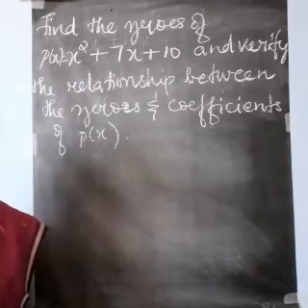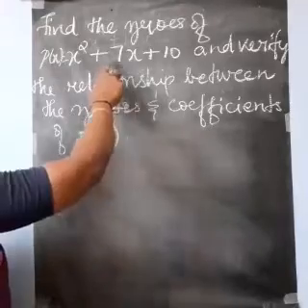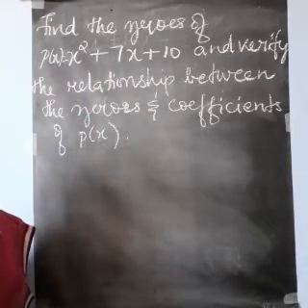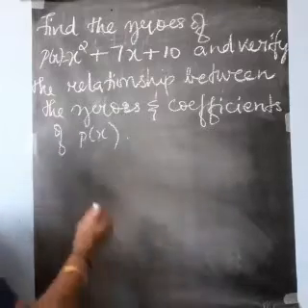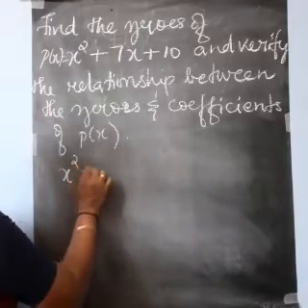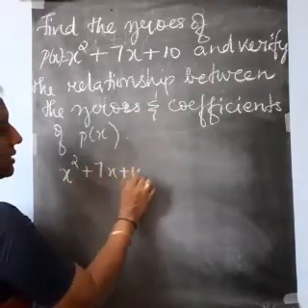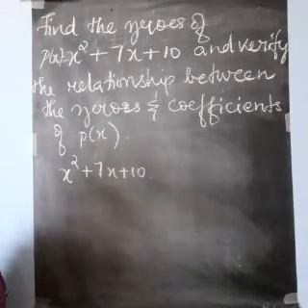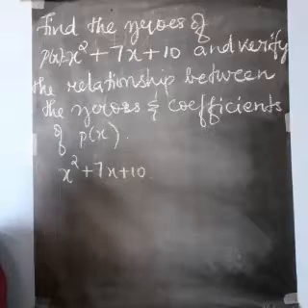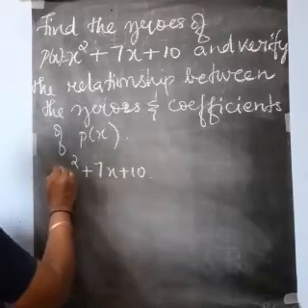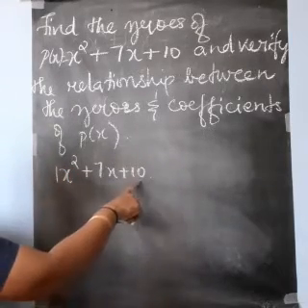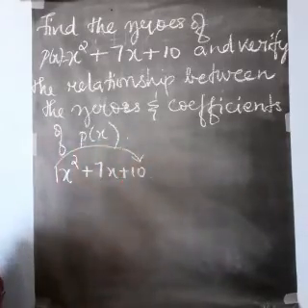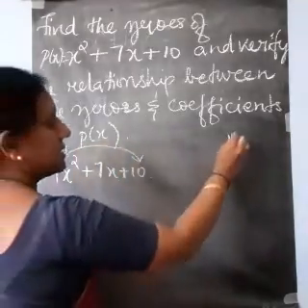Now how will we find the zeros of this polynomial? Yes, we can factorize and find the zeros. If you say x squared plus 7x plus 10, how will we factorize this? By splitting the middle term. For that, we have to take the coefficient of x squared and the constant term and multiply. When you multiply, you get 10.